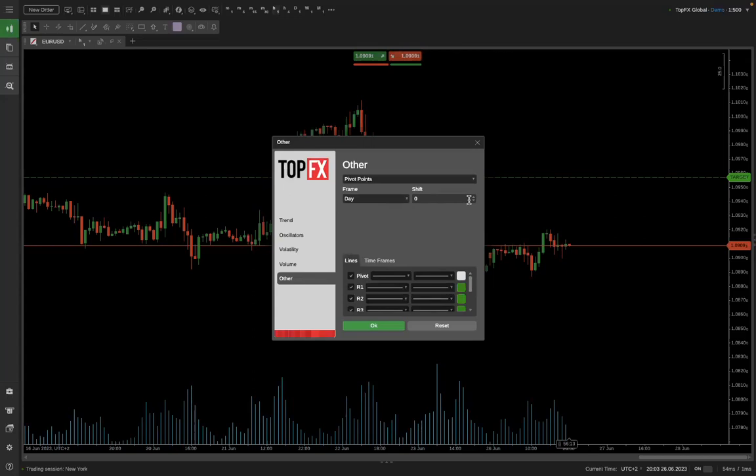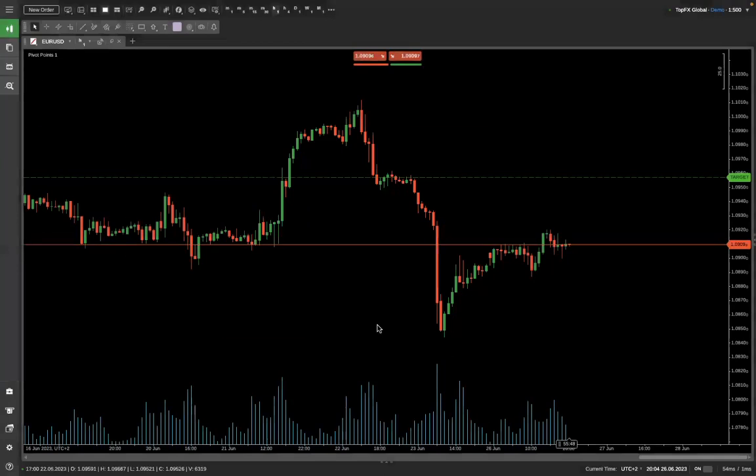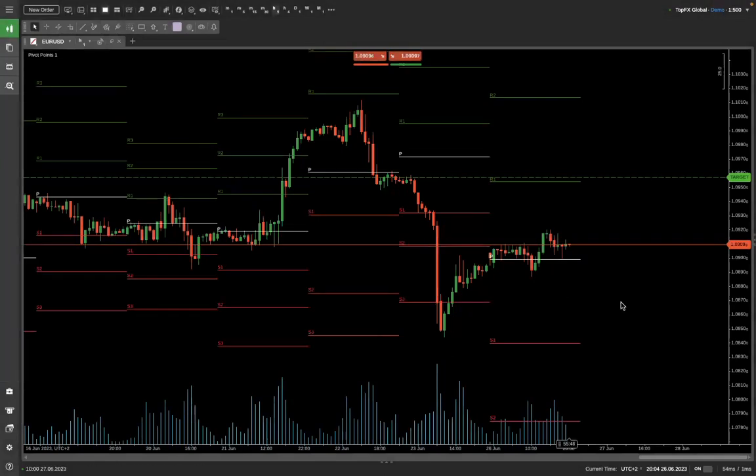You can of course set your shift to some sort of 8 hours or maybe 1 or maybe 2 hours from your current location, but most likely you don't have to bother about it at all. The pivot central line is white, the resistance is, sorry, the resistance is green and the support is red. So you press OK, and now you have the pivot lines on your chart.